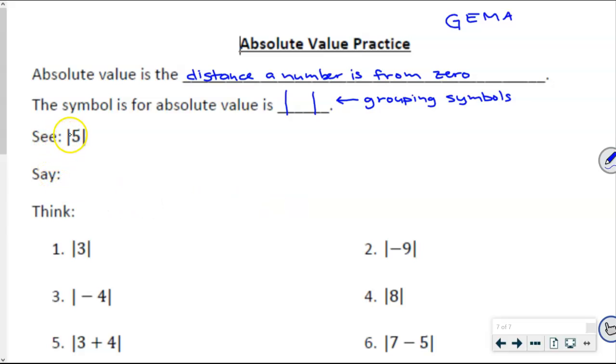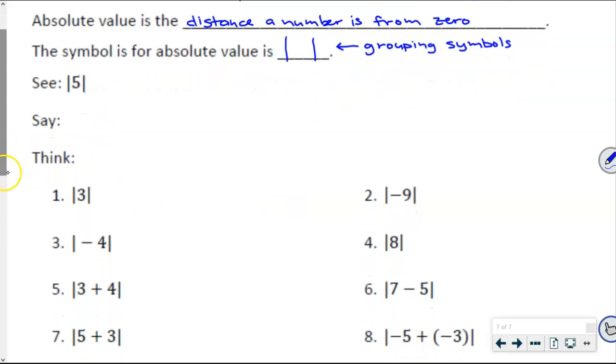So when we see this, we say, and I'm going to put it in quotation marks, so remember to say it, we say "absolute value of 5."